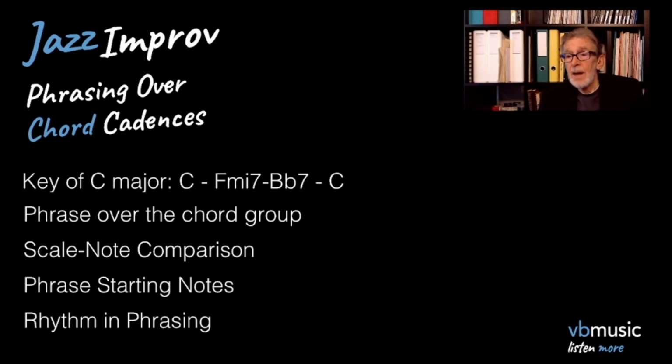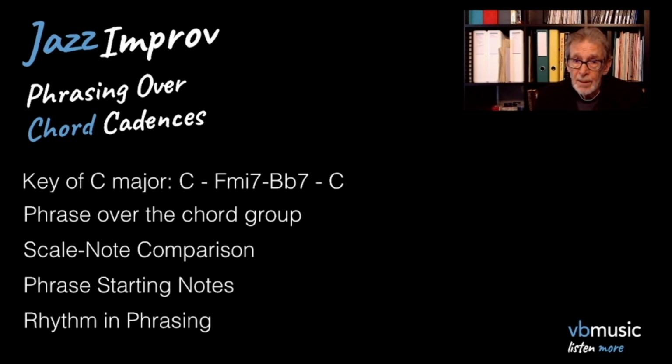Now, if we take the example of Tadd Dameron's composition, Lady Bird, now if we look closely at that, we have two measures of C major 7. And we have one measure of F minor 7.